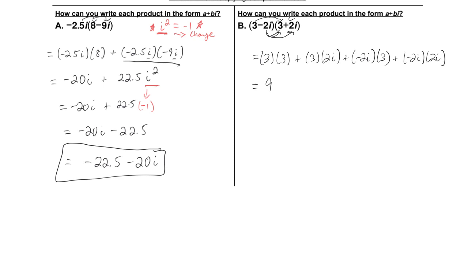So let's clean this up. We get 9 plus 6i minus 6i minus 4i squared. And again, we have an i squared here. We need to change to -1.